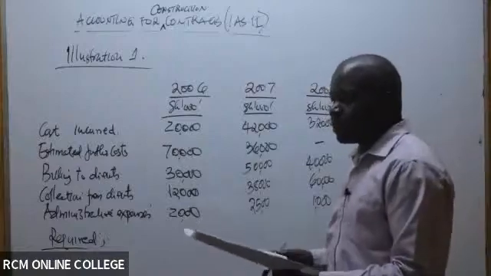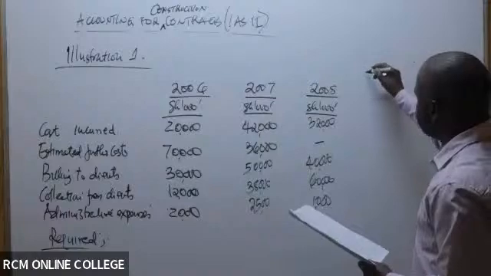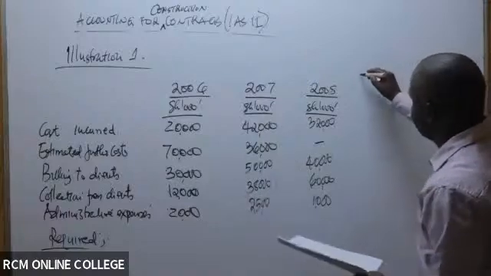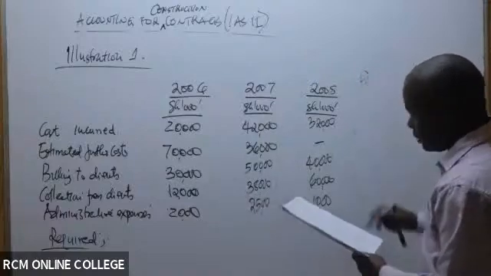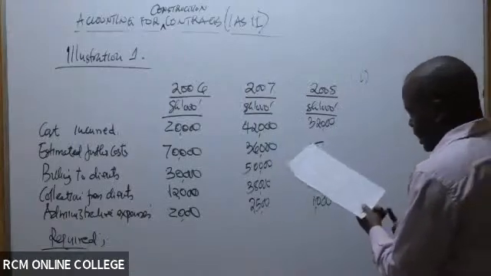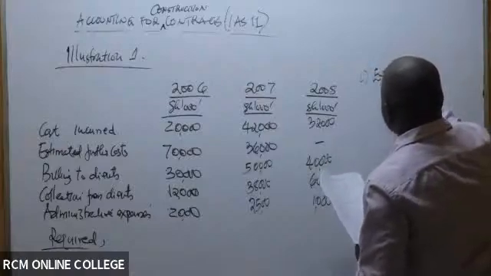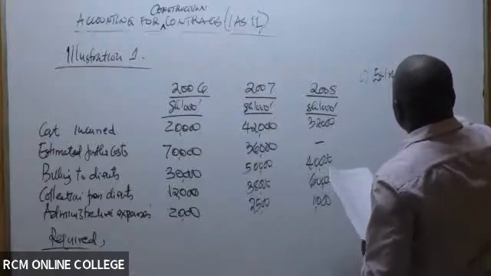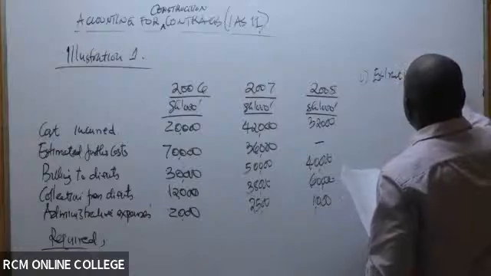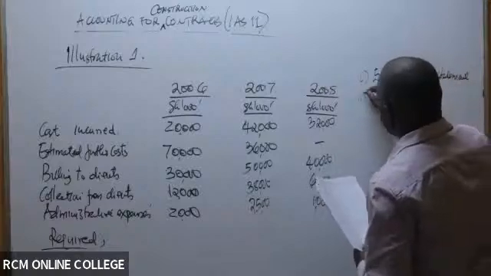For each of the 3 years, prepare number 1: an extract of the income statement.